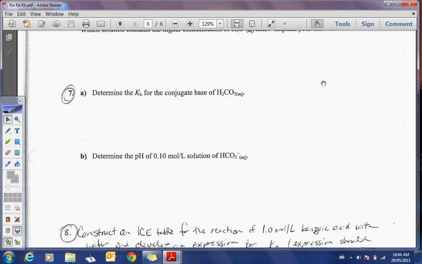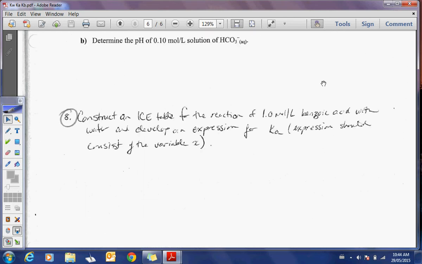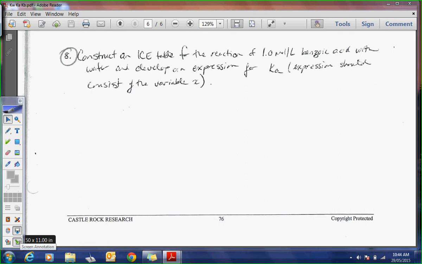Do we have a Ka value for benzoic acid in your data booklets? I think we do. Do we? 6.3 times 10 to the negative 5. So Ka equals 0.3 times 10 to the power of negative 5. Is that what you just said to me? 6.3, sorry.